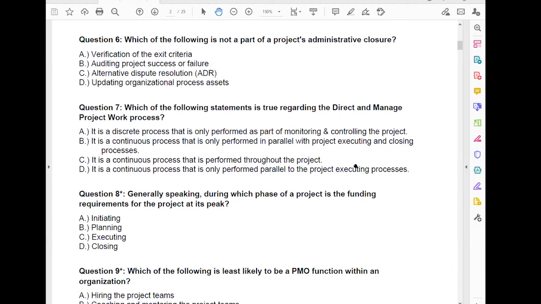So which one is not part? So the 3 choices are the correct answer. So you have to choose which one is not the correct one. So closure na to.